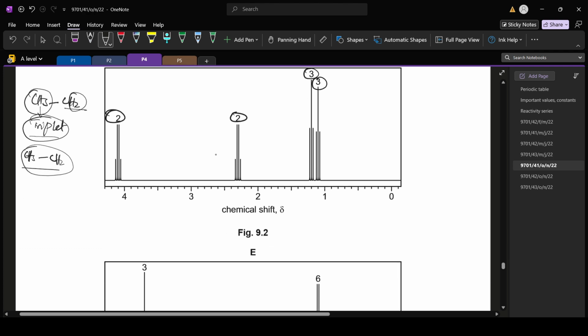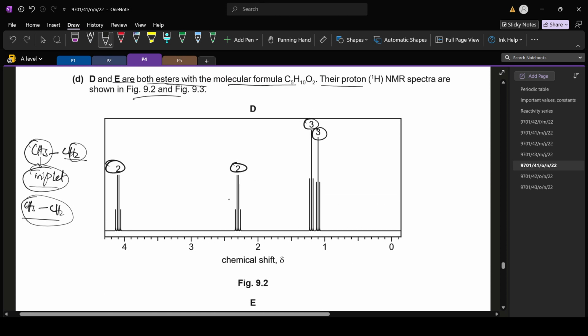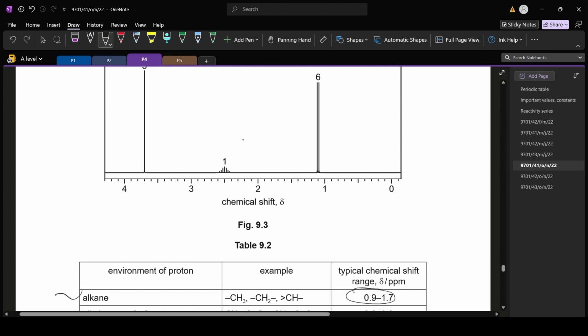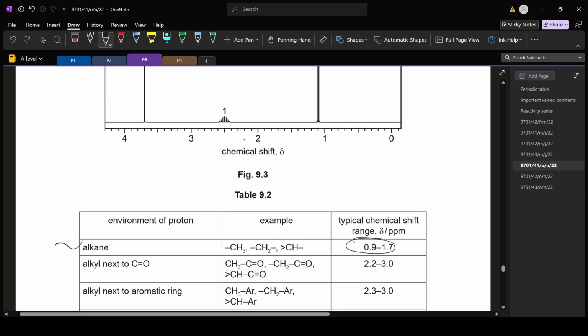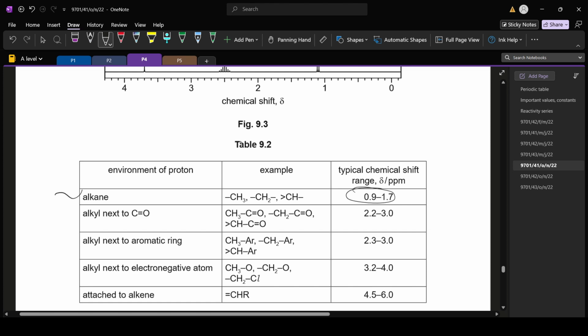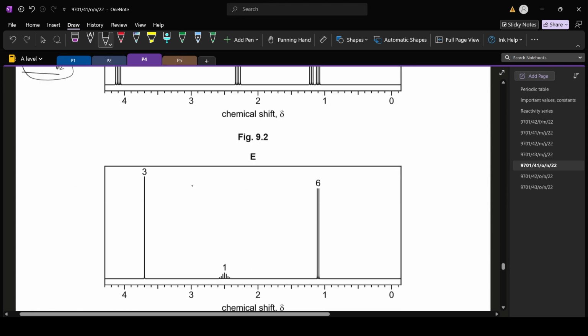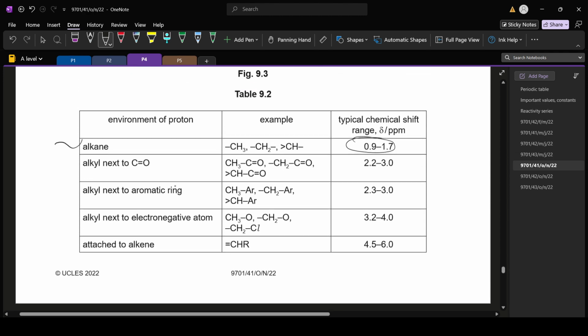Now let's move further. You have a quartet and you have two hydrogens. Let's first analyze which group gives a peak in this environment. There will be no aromatic ring, because it already told you that both are esters, so this will not be the environment.